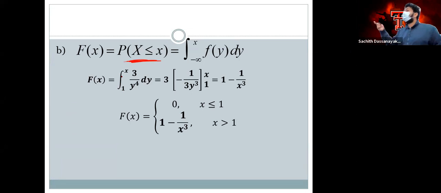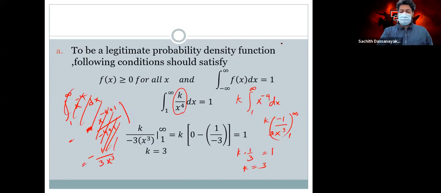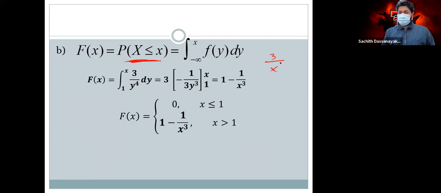The second one is to find the CDF. So you have your PDF, 3 over x to the power 4 within that range. F(x) starts from 1 up to x, any x value. Integrate your PDF, and you get this for x greater than 1. What happened to x less than 1?